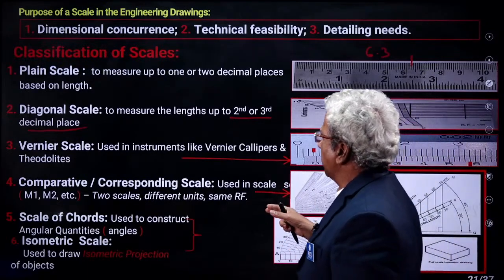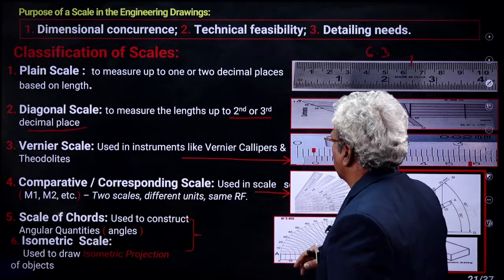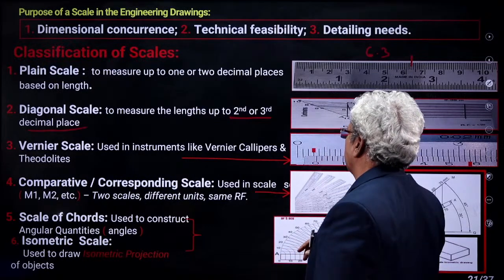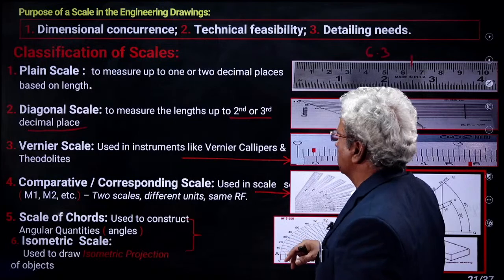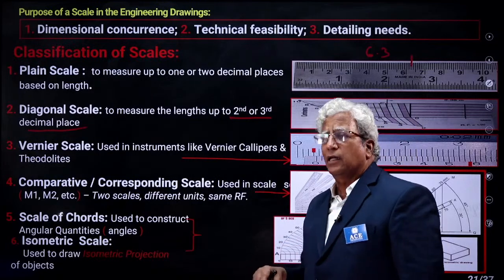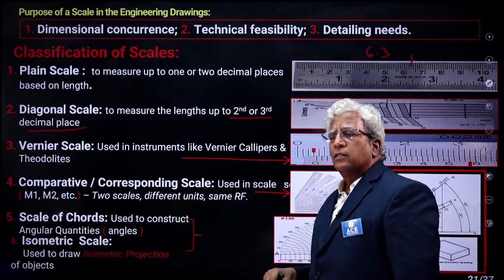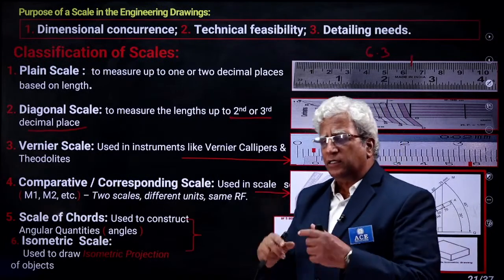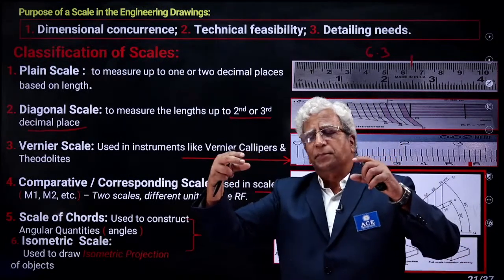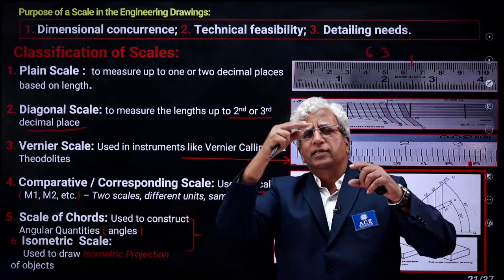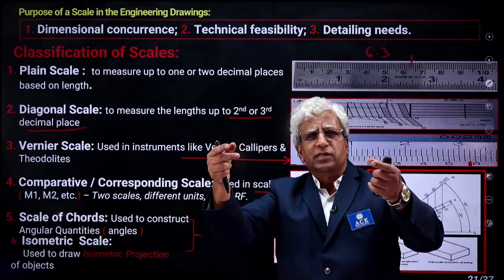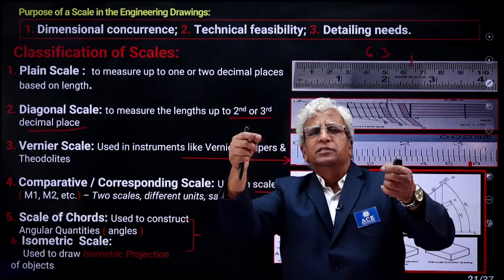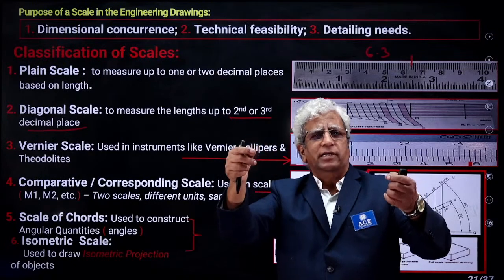And then the comparative or corresponding scale. Whatever scales we have been so far using, they are comparative scales. Scale is like a simple strip, because it has two edges. Even for tape also, you see, one side you see centimeters, other side you see inches, right?